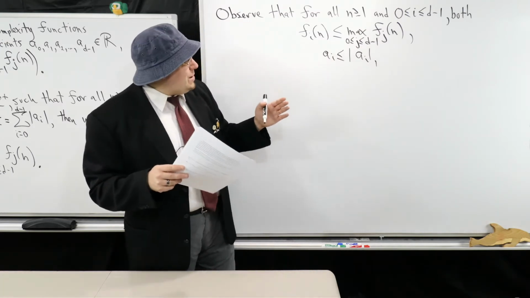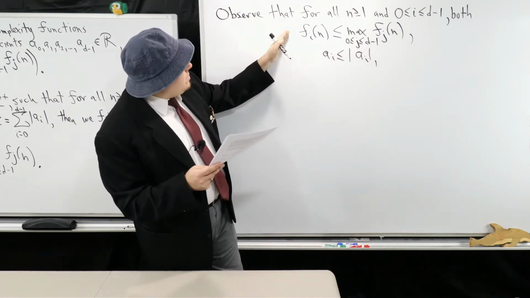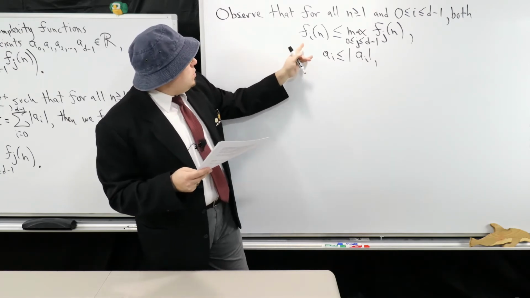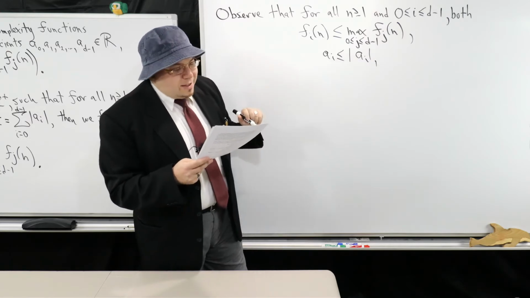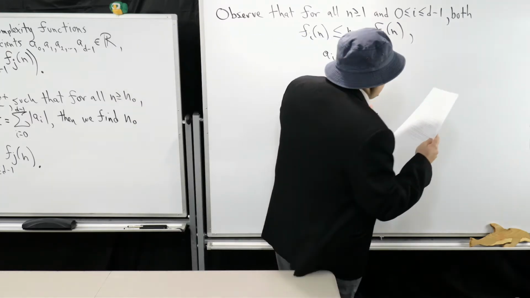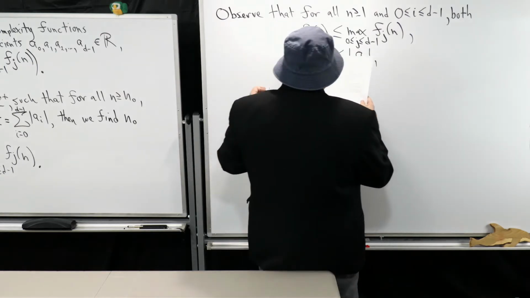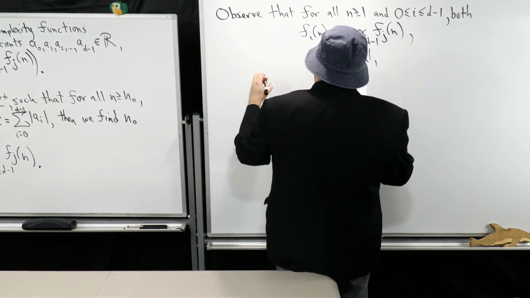Do you see what I'm going to do? I'm going to take these two inequalities and try summing over them, but I'm going to multiply these two like this. So I'm going to take the products of each respective side, and I'm going to add over them.